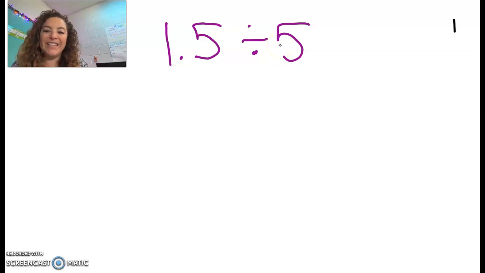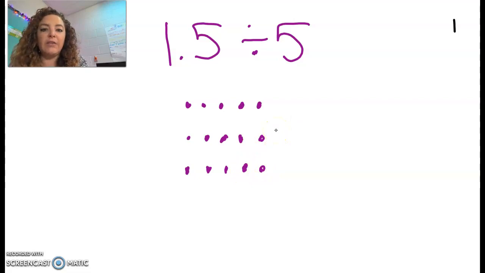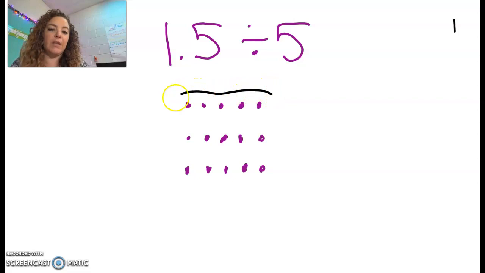Again, I can look at this like I have 15 tenths, right? So 1, 2, 3, 4, 5. 1, 2, 3, 4, 5. 1, 2, 3, 4, 5. That's 15 tenths. And you'll notice, it's because I already know my basic facts, and if you do, you're going to automatically separate them out like this.